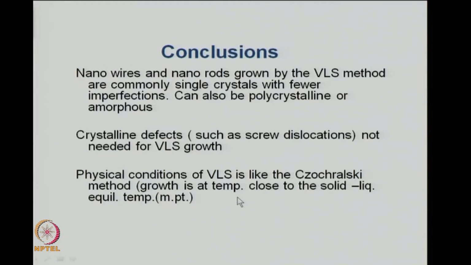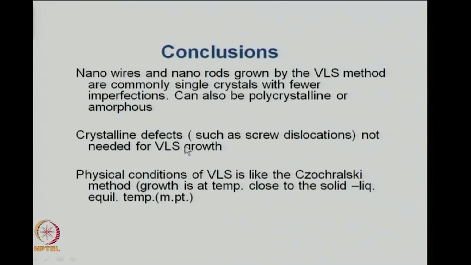So, in the VLS case also we are close to a solid liquid melting, because we have to melt the catalyst and make it either into an alloy, or the catalyst itself melts to remain as a molten globule. So, the conditions of VLS are quite close to the Czochralski method of crystal growth.